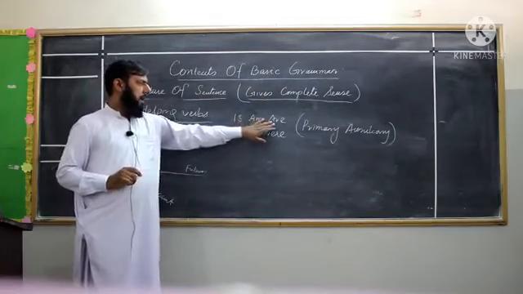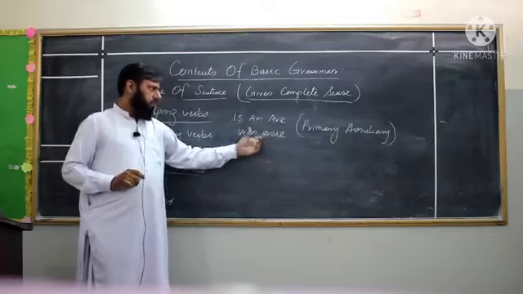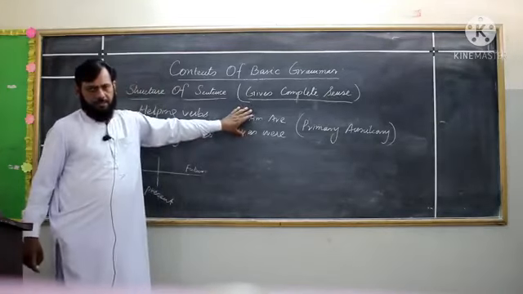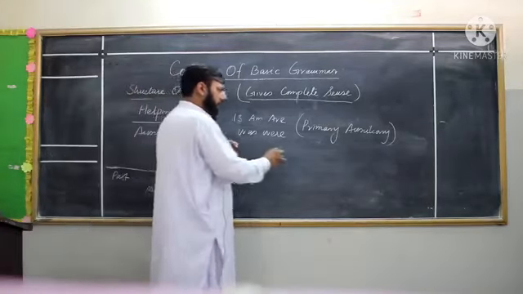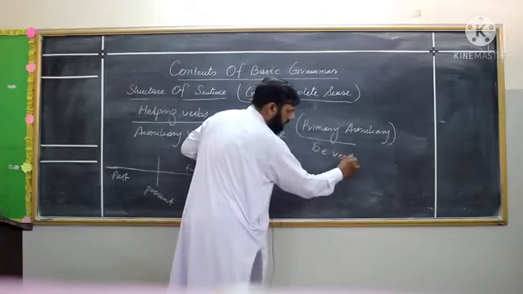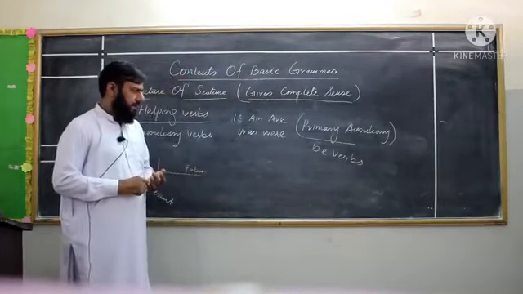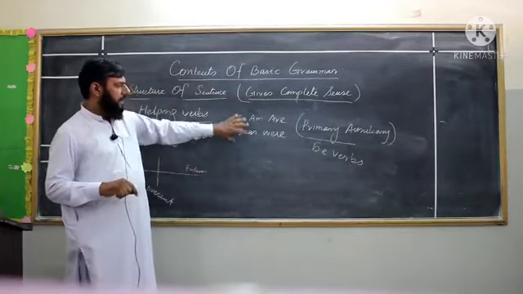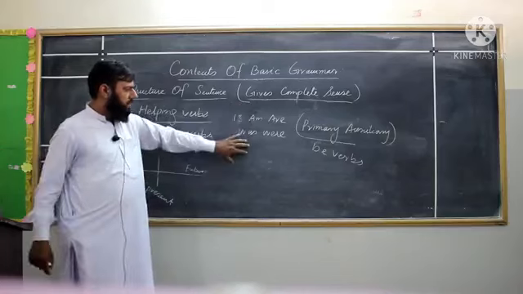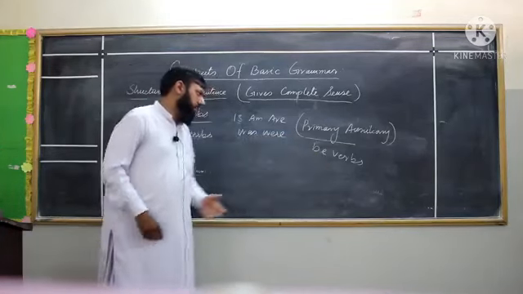Is, am, are for the present, was and were for the past. So these are primary auxiliaries in the grammar. We can also call them be verbs, but they are 8 altogether. But as far as these 5 are concerned, both styles are used in common sense: primary auxiliary and be verbs.